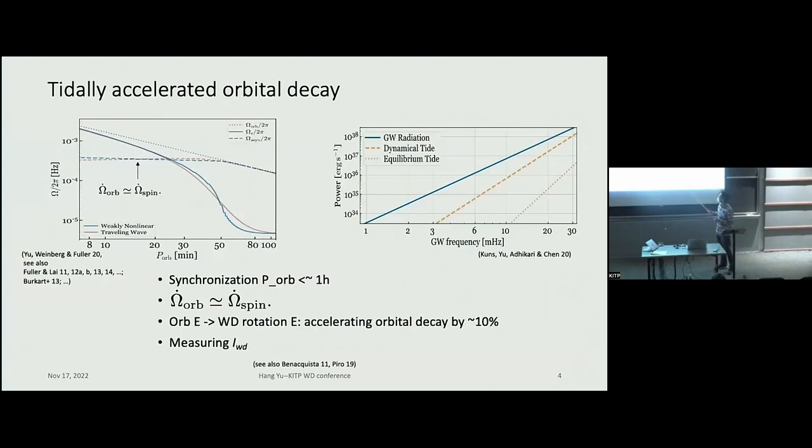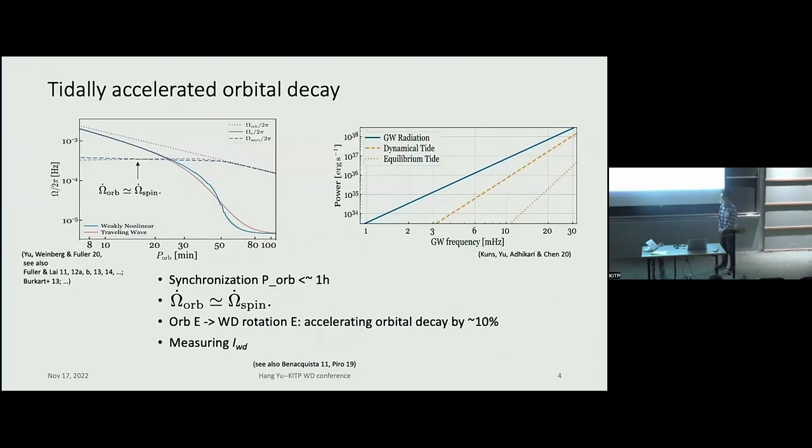So that's roughly here. For different reasons, above 3 millihertz we start to individually resolve the white dwarf. And above 3 millihertz, for those systems we can measure f double dot. And for those systems, tide can accelerate the orbital decay by more than a few percent, nearly 10%-ish.